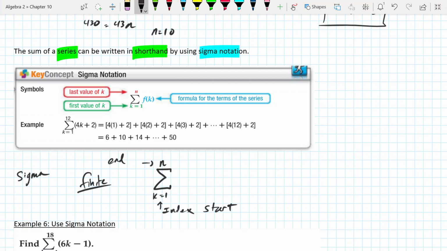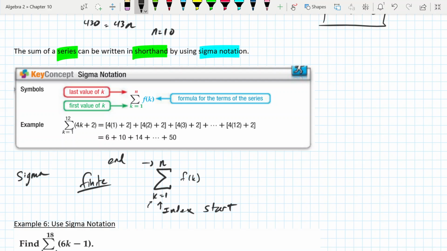And then inside, over here on the right, you have whatever function you happen to be talking about, where the input matches that variable for the index. Which is kind of interesting. Usually we've been using n, but we don't always use n.